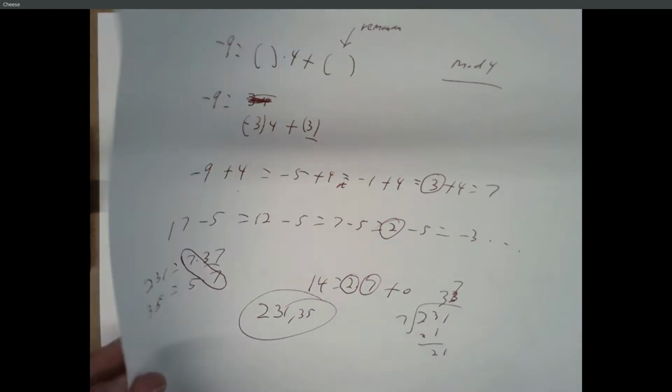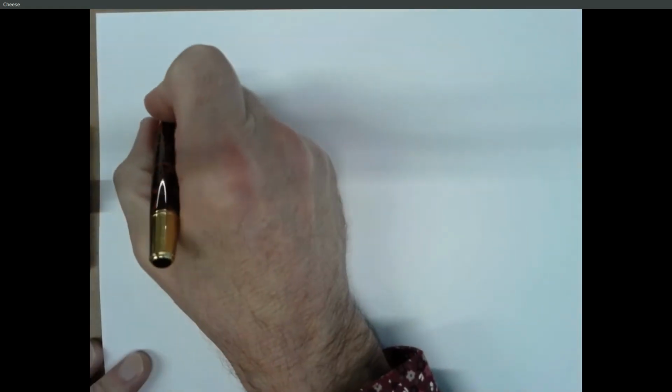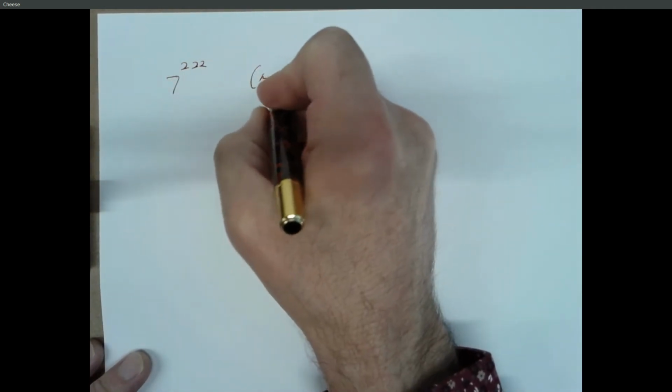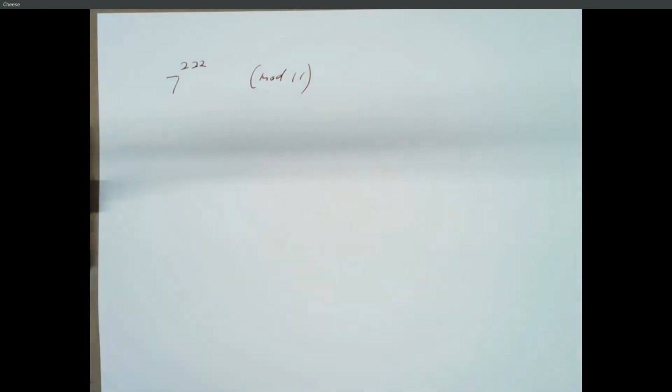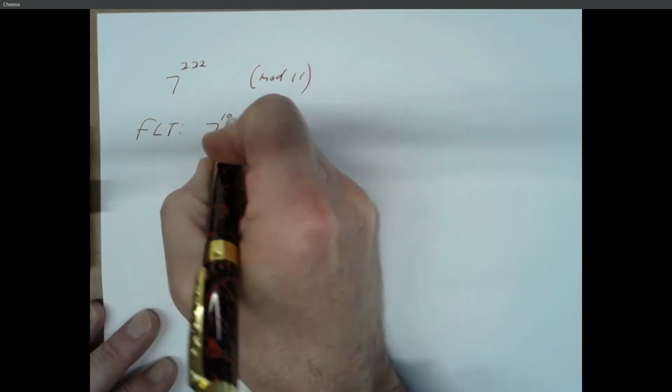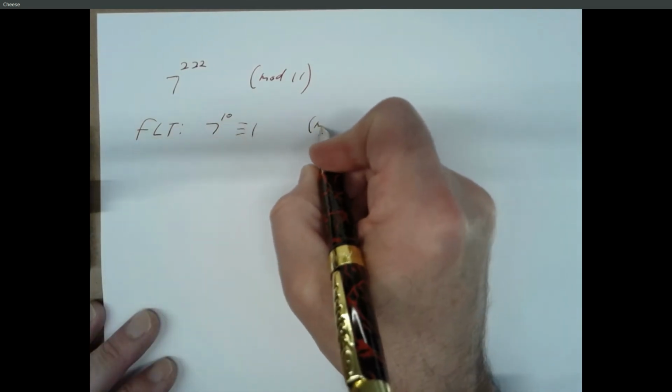So homework questions, I graded the one using Fermat's Little theorem, which was 7 to the 222 mod 11. I think we did this on the board also before the quiz. Fermat's Little theorem tells you 7 to the 10th is congruent to 1.